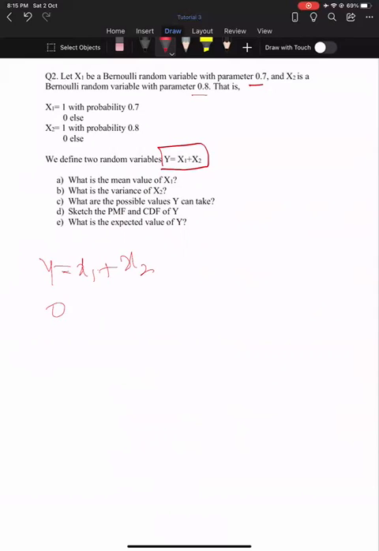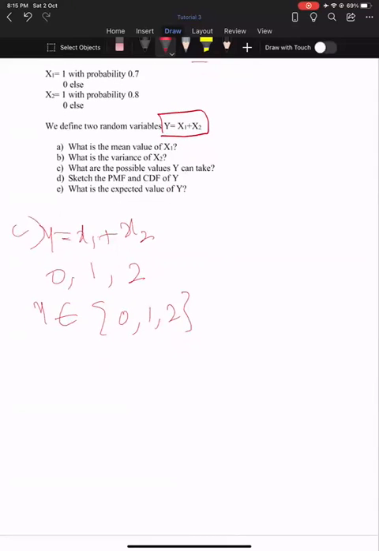It can take 1 if either x1 is 0 and x2 is 1, or x1 is 1 and x2 is 0. And it can take 2 if x1 and x2 both are 1. So it can take these three values: y is 0, 1, 2. And then we have to sketch the PMF and CDF of y.